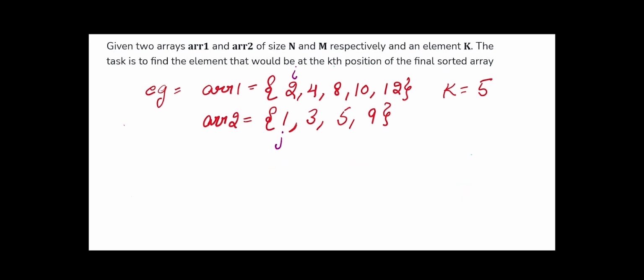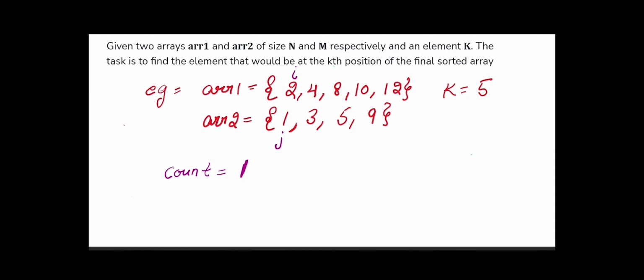As we will run a loop for k times, let's take a variable count that we will use to count the number of iterations. Initially, let's take it as 1. Initially, i is at the 0th index of array 1 and j is at the 0th index of array 2.